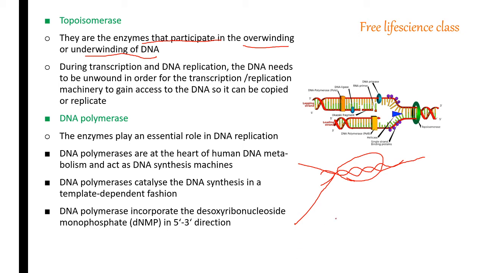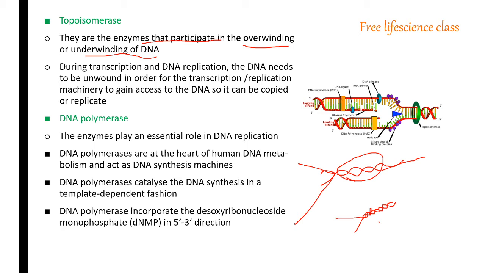So this is your replication fork. So your DNA is open. Then what happens to the DNA if you open from one side? It will highly coil, like this. So what will happen? Tension will arise.